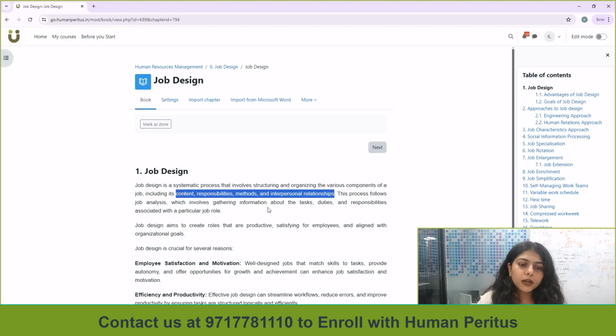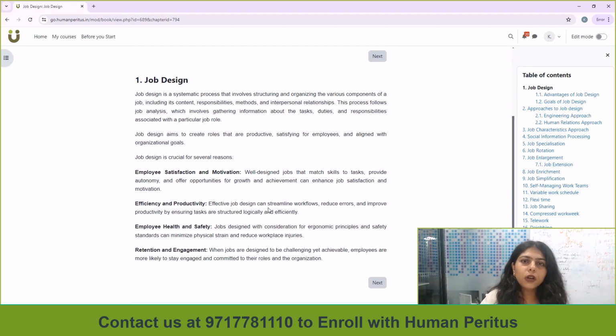Now since we are doing all of this, there might be reasons behind adopting a job design approach. The reasons for job designing are employee satisfaction and motivation. As you see how a job is designed, you will understand why employees might be satisfied and more motivated after job design.